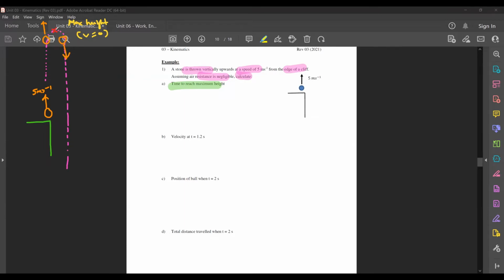So at the point where you reach maximum height itself, the velocity will actually be 0 because the stone has to stop momentarily before changing directions.